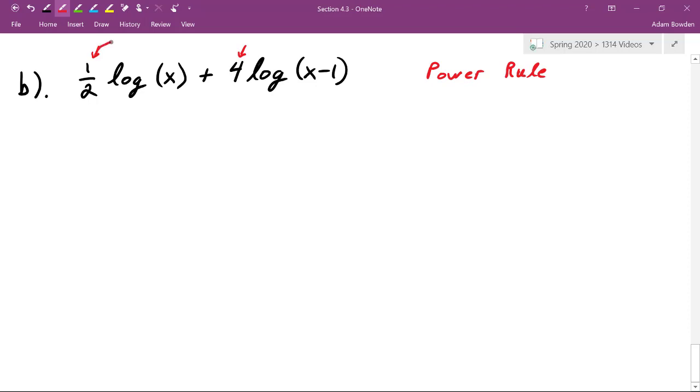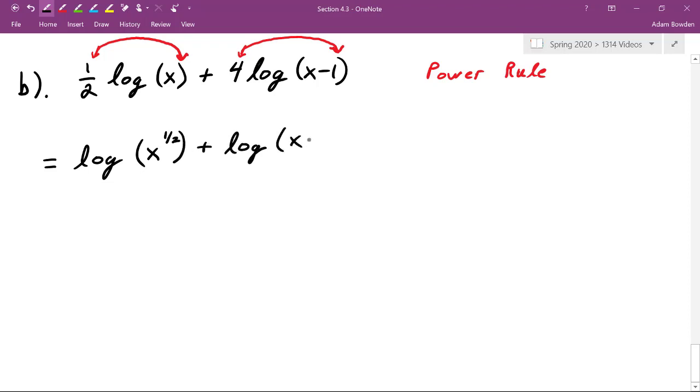So in reverse, we can take these numbers and move them back to the inside as a power on the inside of the logarithm. So that would change this to log x raised to the 1/2 power, and then another log x minus 1 raised to the 4th power. So now we've moved those numbers back inside the logarithm.